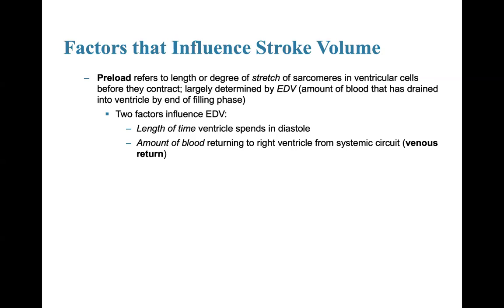This is largely determined by the end diastolic volume, which again is the amount of blood that has drained into the ventricles by the end of the fill stage, or diastole. There are 2 factors that influence the end diastolic volume: the length of time the ventricle spends in diastole, and the amount of blood returning to the right ventricle from the systemic circuit, which is referred to as your venous return.